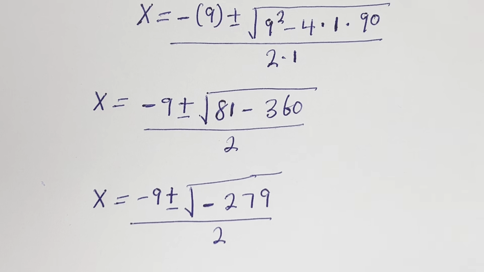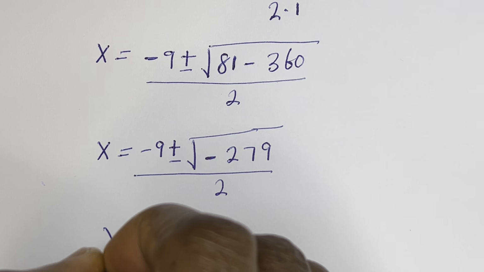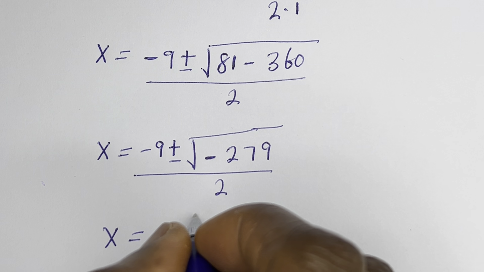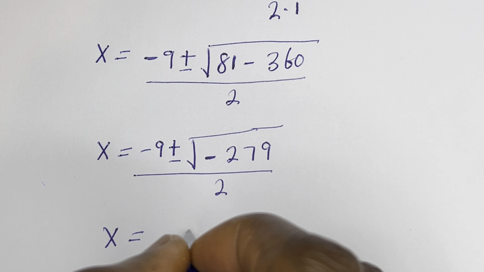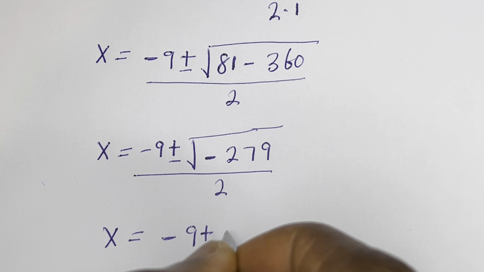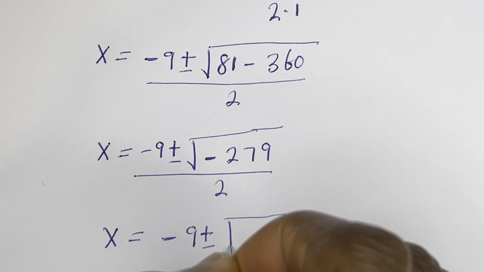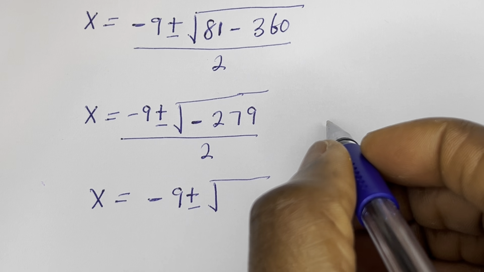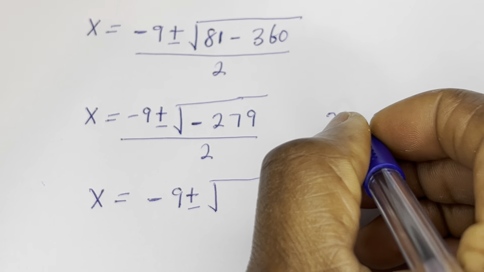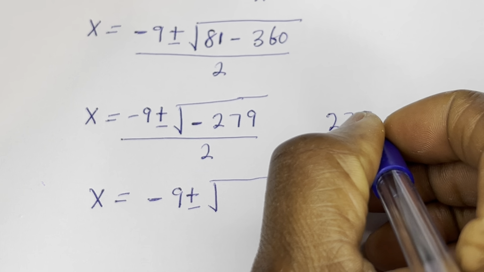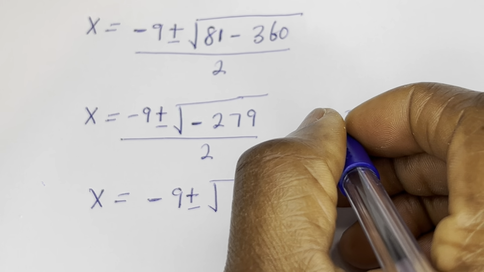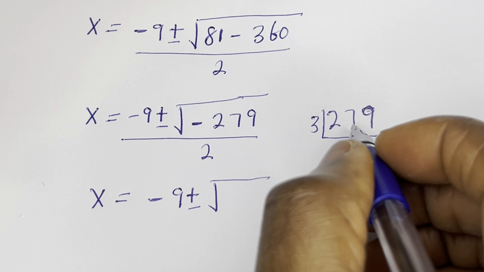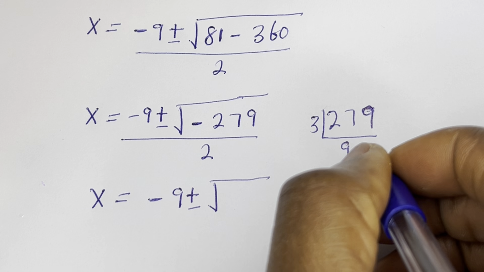over 2. Now s will be equal to minus 9 plus or minus square root of minus 279. We have 279. This is divisible by 3. Here, 3 in 27, that is 9. 3 in 9, 3.